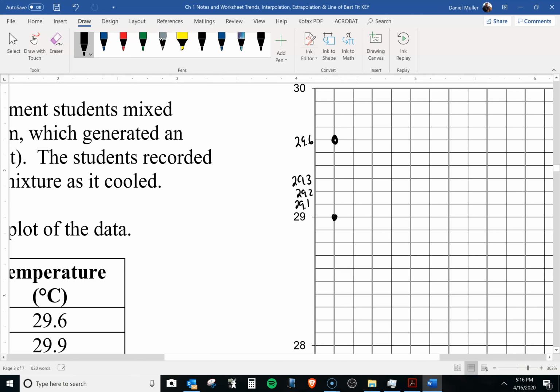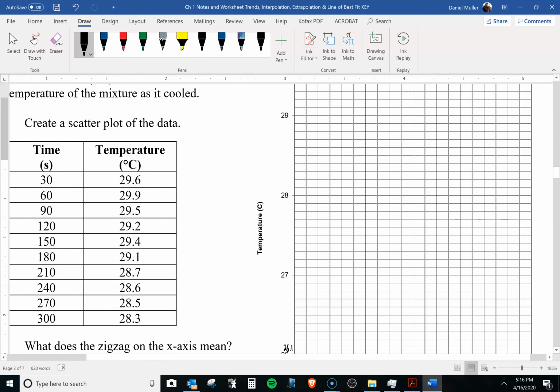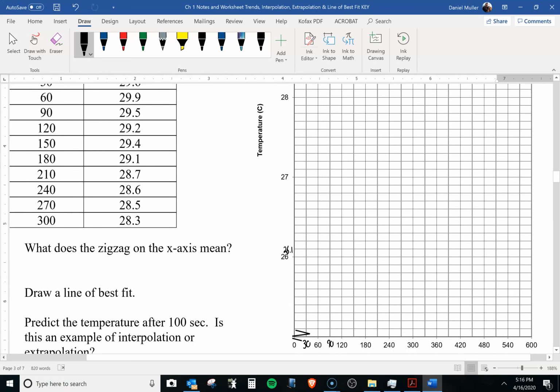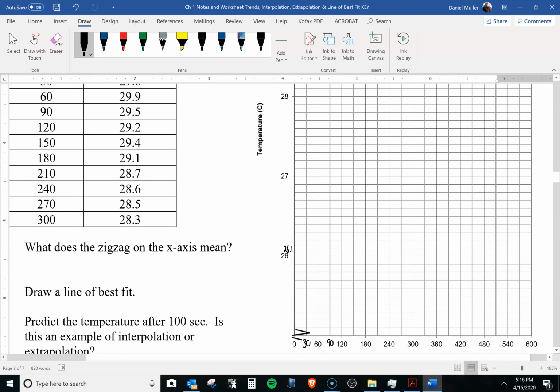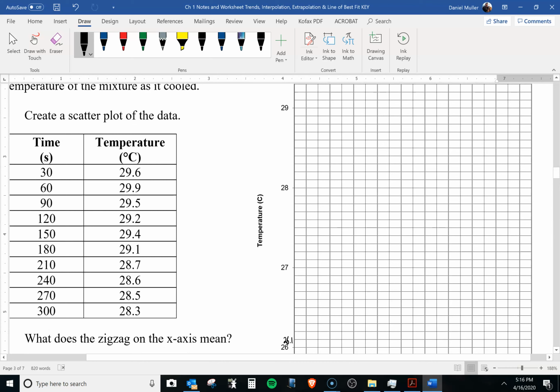So at 30 seconds, we go all the way up to 29.6. And then at 60 seconds, we go up to 29.9. So 60 seconds is the next one over. And then the next line is 90, and then 120, so it looks like we're going to go one line over every time, unless I skip something, I don't know.